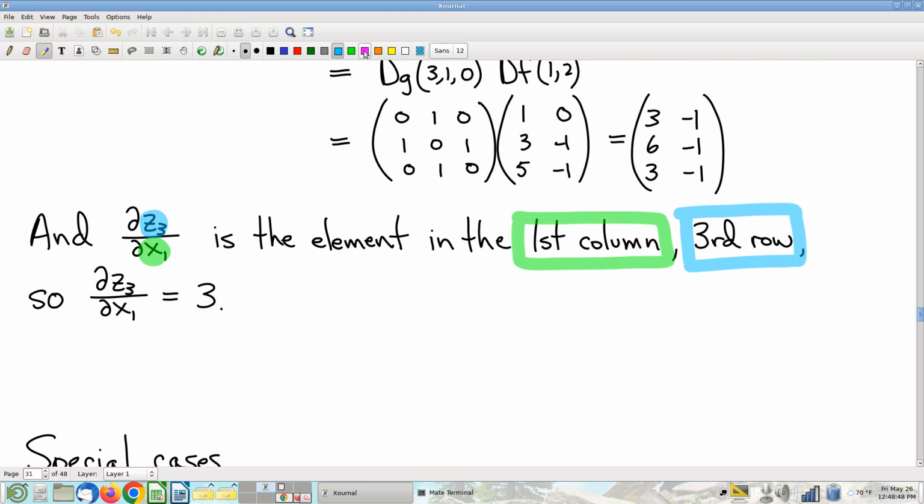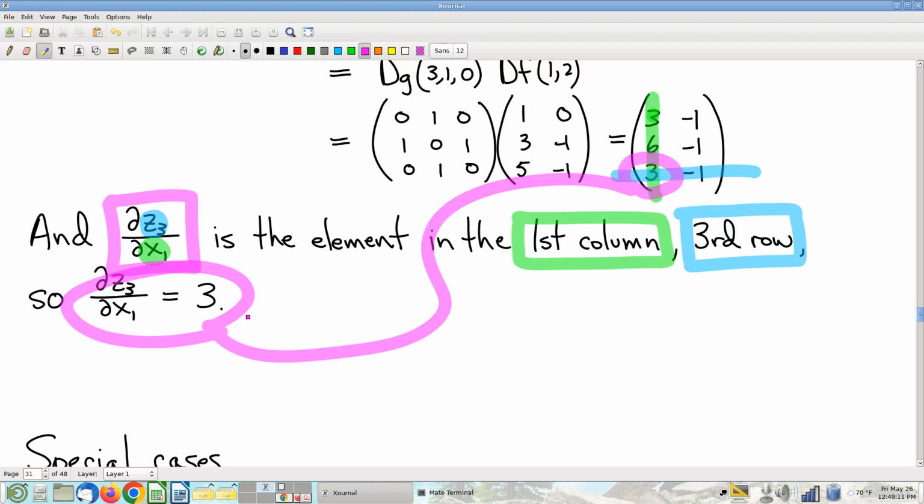So, this thing that we're looking for, being a partial derivative from the composition, is one of these entries up here. It's one of the elements of the derivative matrix, and based on the arguments we just made, it needs to be in the first column, and it needs to be in the third row, and so therefore the number that we're looking for is 3.